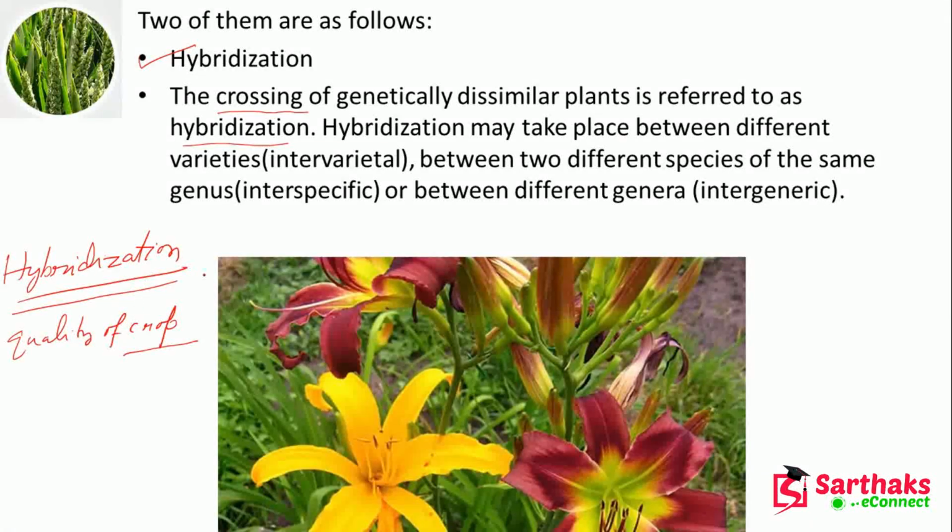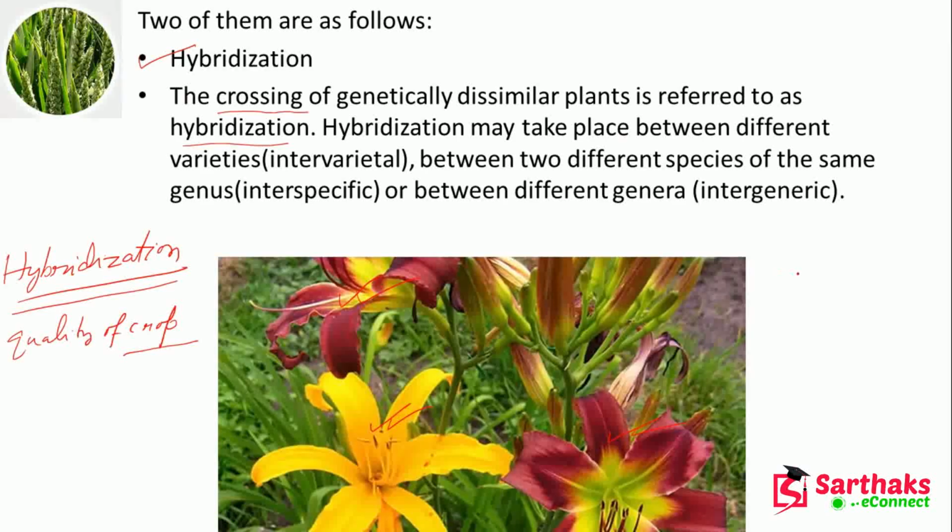So here you can see that if this is one type of species, this is another type of species, using these two we can make this type of species. So the crossing of genetically dissimilar plants is referred to as hybridization, and hybridization can take place in different cases.